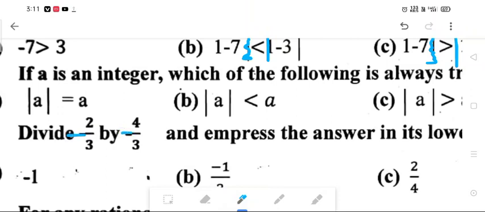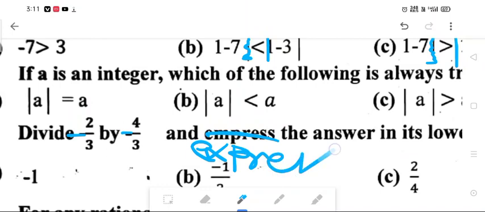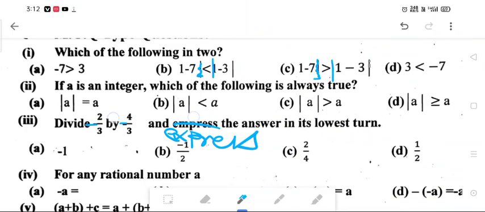Both are negative rational numbers. Minus 2 by 3 divided by minus 4 by 3, and express the answer in lowest term.